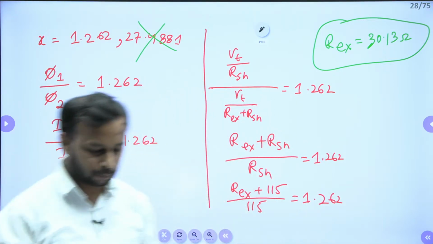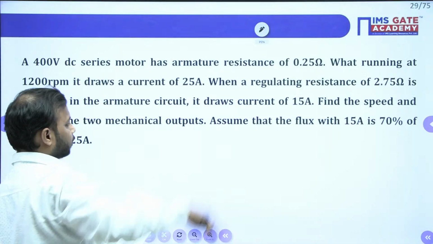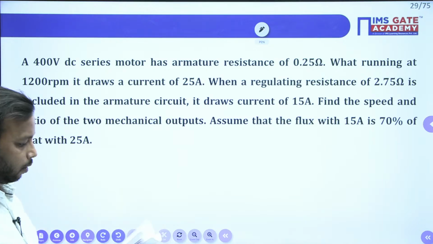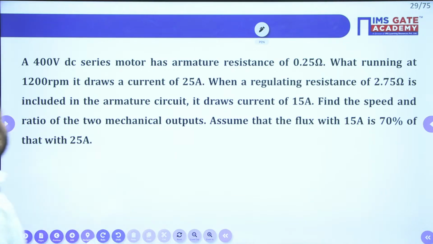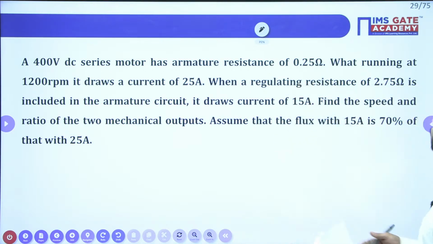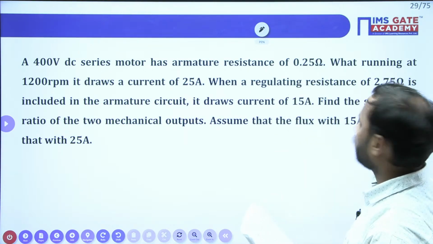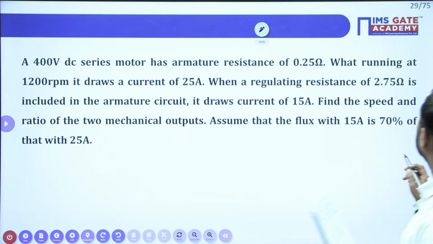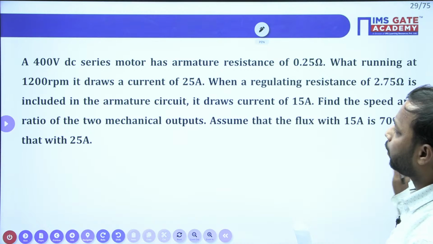All right, so let us move ahead with the next question. That is this one. A 400 V DC series motor has armature resistance of 0.25. I think there is some typing mistake.